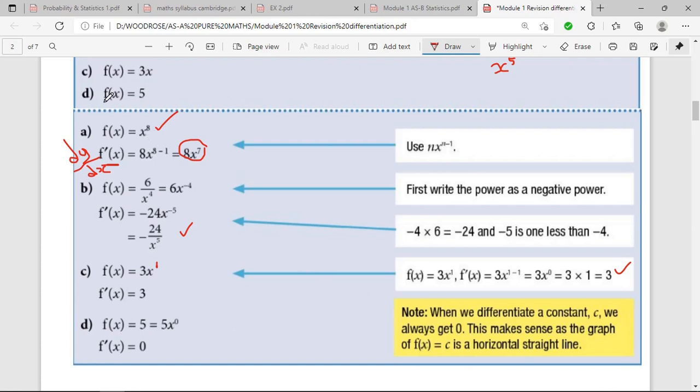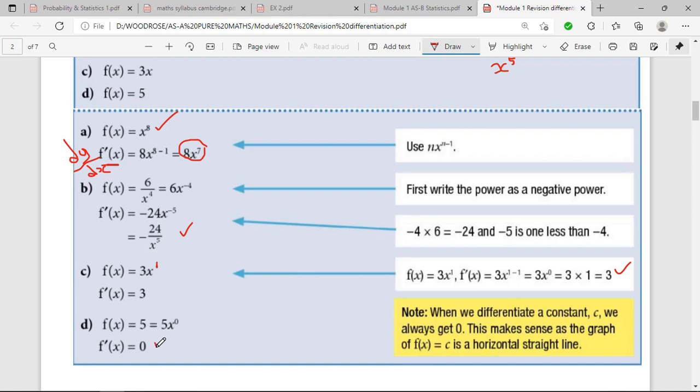Then the last part, on d, our y equals 5. This is a constant. We have to rewrite this one. There is x, we can't see it, but we can put the power of 0. So the power of x here is 0. If you bring down this 0, it multiplies 5 and cancels everything.